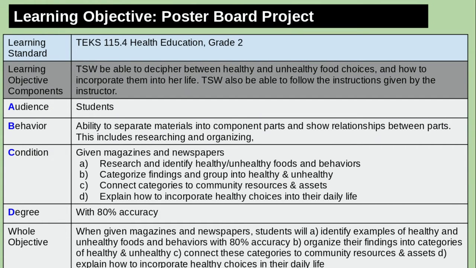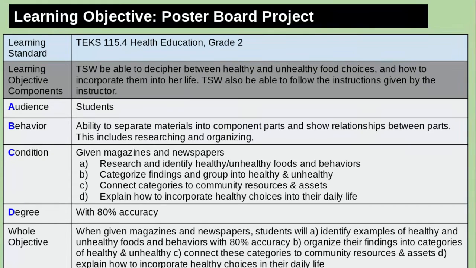Condition: given magazines and newspapers. A, research and identify healthy and unhealthy foods and behaviors. B, categorize findings and group into healthy and unhealthy. C, connect categories to community resources and assets. D, explain how to incorporate healthy choices into their daily life. For degree, it's with an 80% accuracy.